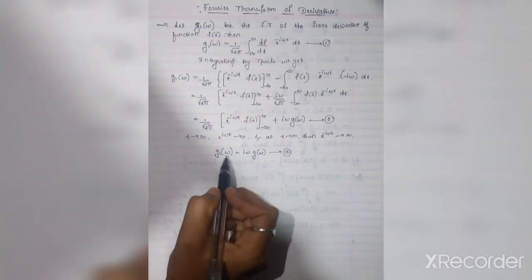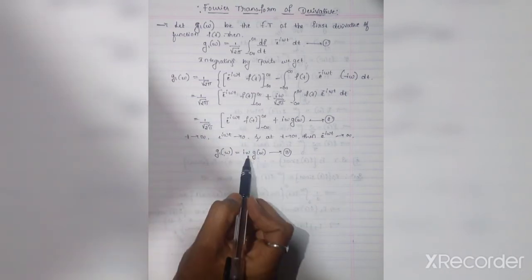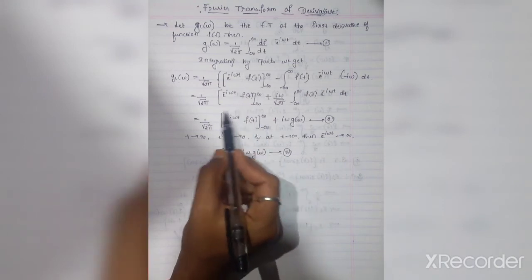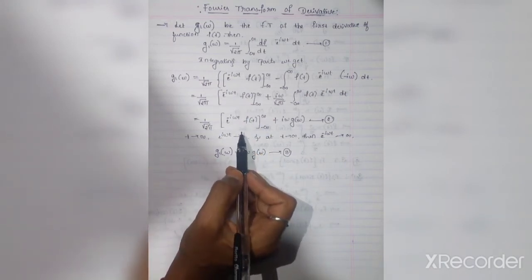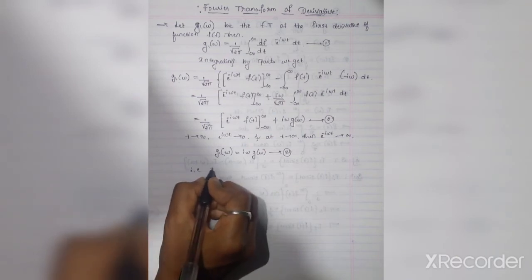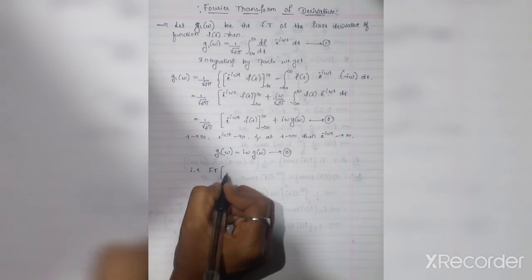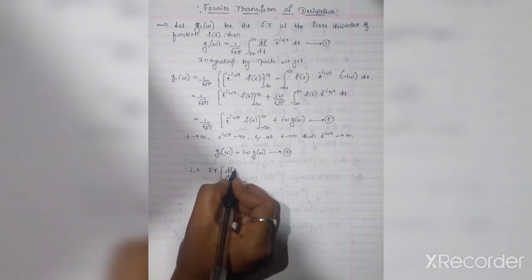So nothing else is there. G1 of omega is I omega g of omega as it is. So this term becomes 0. Okay. Now that means what? G1 of omega means the Fourier transform of df by dt. This means this only.